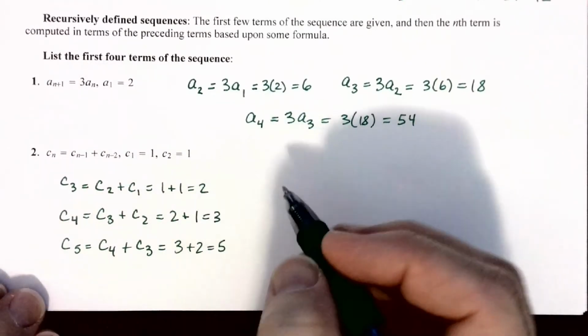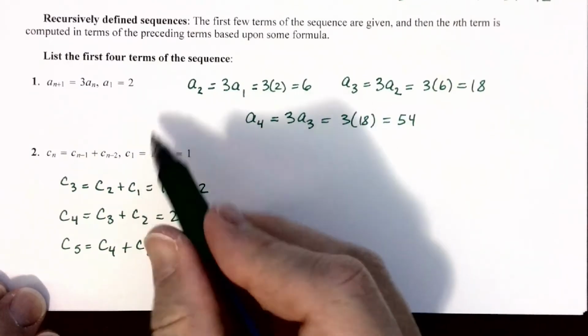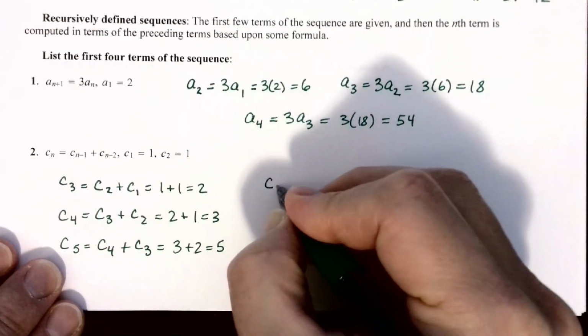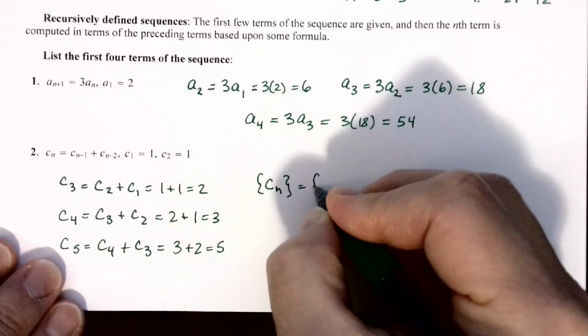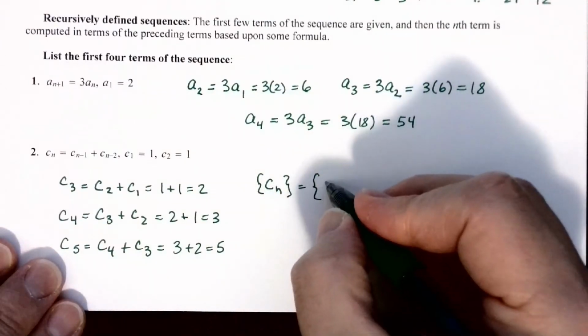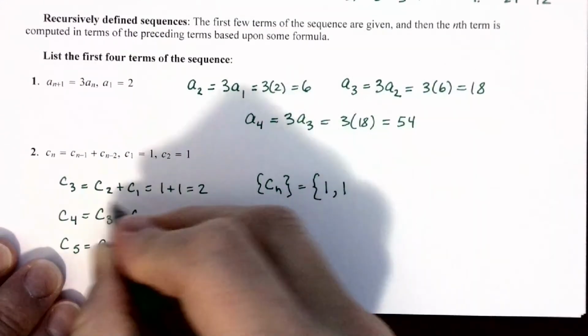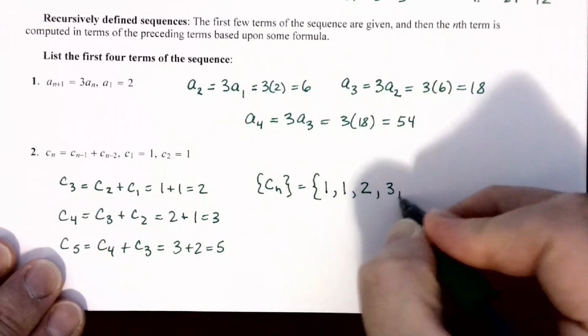Okay, so we've already got the first 5 terms in the sequence listed, right? We said the first 4 terms. But I want to go a little further with this. Let's look at this sequence, listed out as I said we could before. So the first term was 1, the second term is 1, the third term is 2, then 3, and then 5.